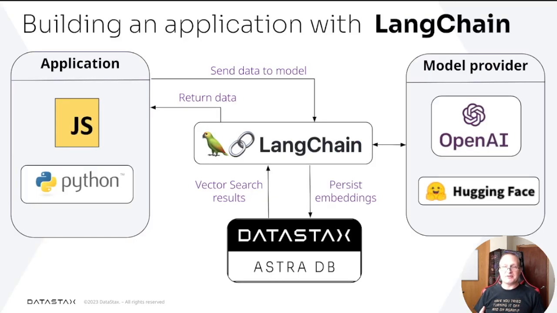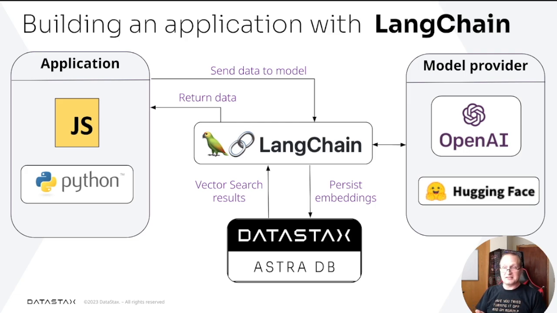So when you build an application with LangChain, it looks like this, where you have your application written in JavaScript or Python or whatever. And it sends data to the model. So that's really how it works with LangChain, is it's making calls to LangChain. LangChain is handling everything else behind the scenes.